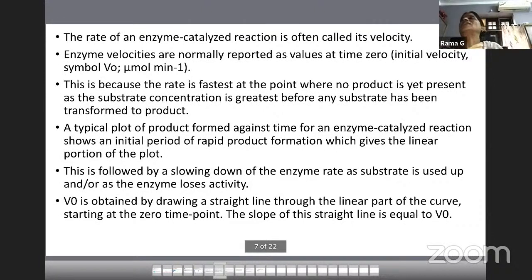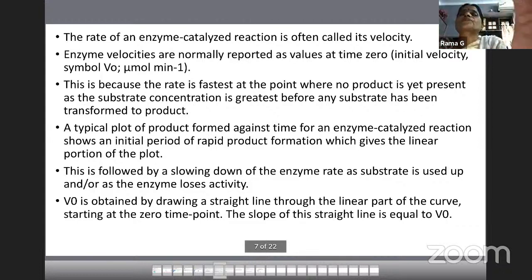In the initial stage of a reaction, substrate concentration is more, whereas product concentration is less, because the reaction has not yet reached the transition state or formed the ES complex. So that is this point.